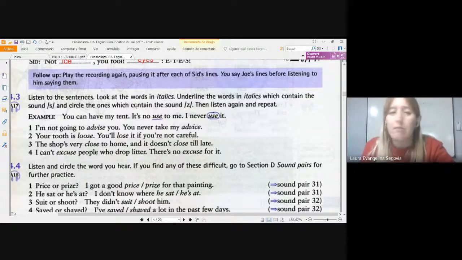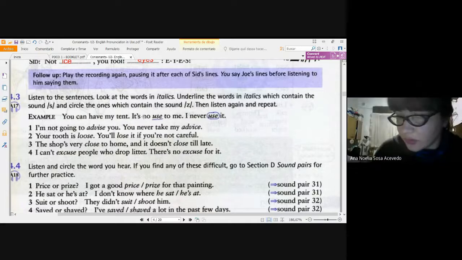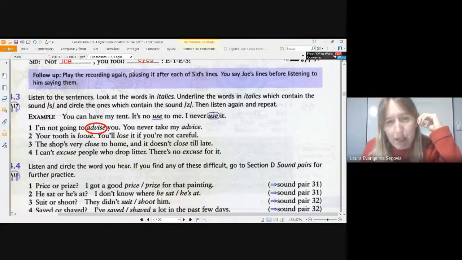Okay, I couldn't see the difference between advice and advise. Again. I'm not going to advise you. You never take my advice. Okay, I am seeing that you did this. Advise and advice. Yes, good.